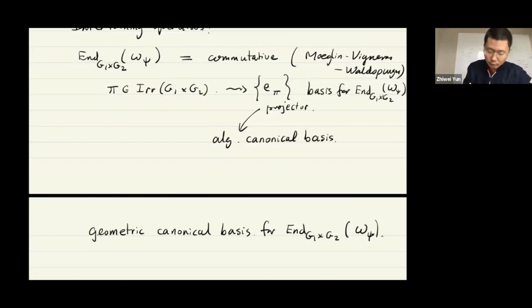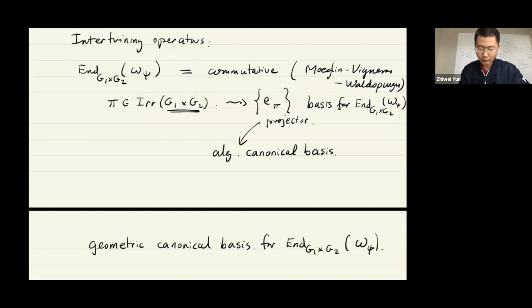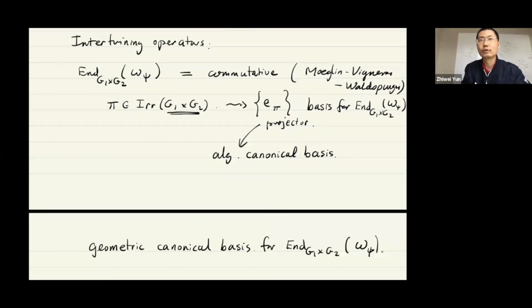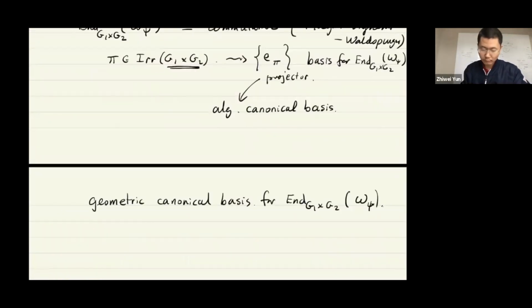And this is as representations of G1 times G2. So I'm saying a pair, rho 1, rho 2, if it appears in the Theta correspondence, it only appears once. And for this statement, it's important to work with the full orthogonal group. The G2 is a full orthogonal rather than special orthogonal.